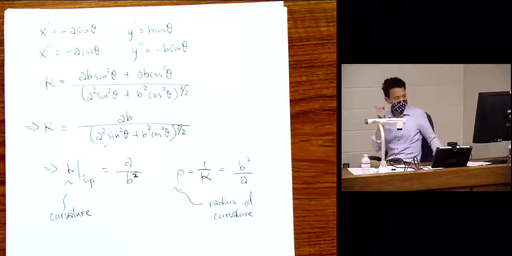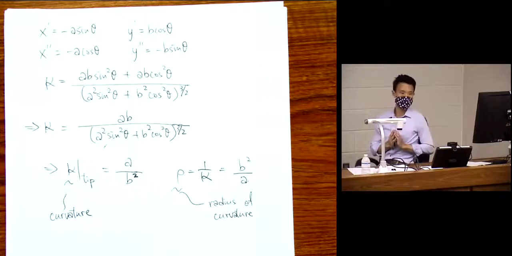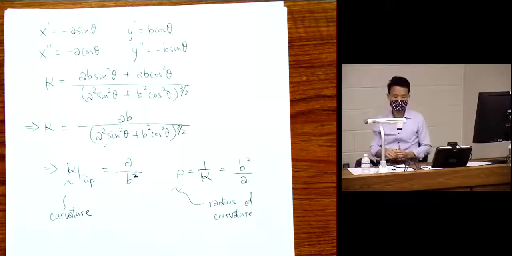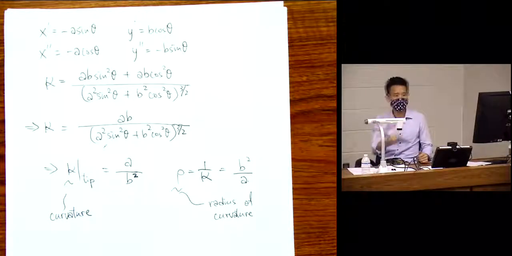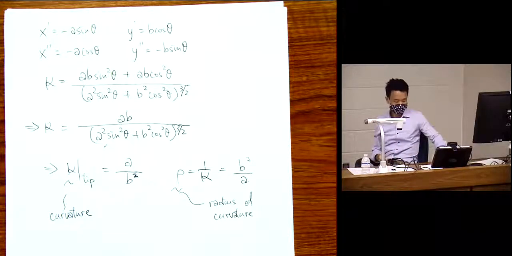So geometrically, the sharper the crack, that means curvature is higher, right? The curve has to bend around in a smaller distance. But conversely, that means the radius of curvature is smaller, right? Higher curvature, smaller radius of curvature. That's very good.